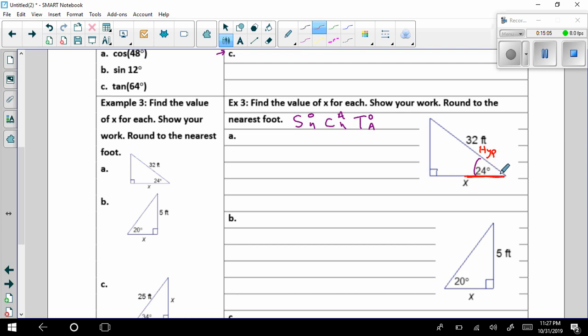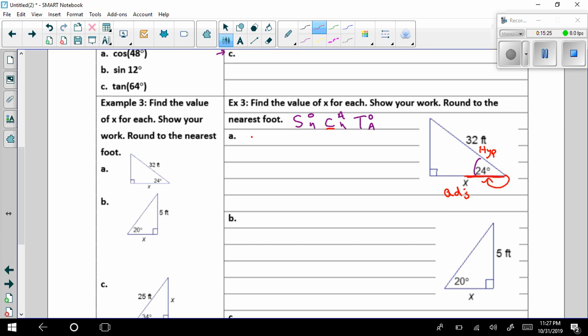All right. X is your adjacent side. It's next to it. All right, so we have adjacent and we have hypotenuse. In relationship to sine, cosine, tangent, adjacent hypotenuse is cosine.